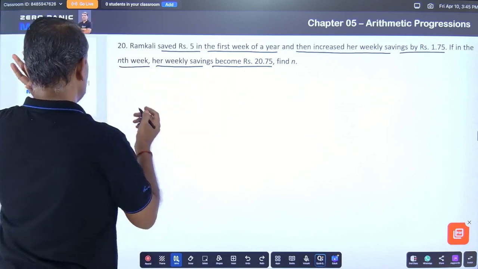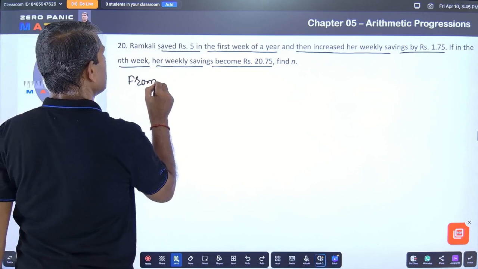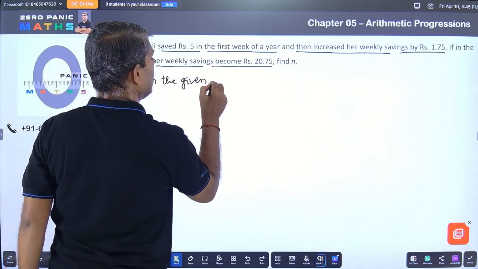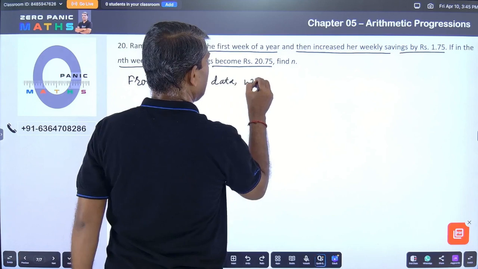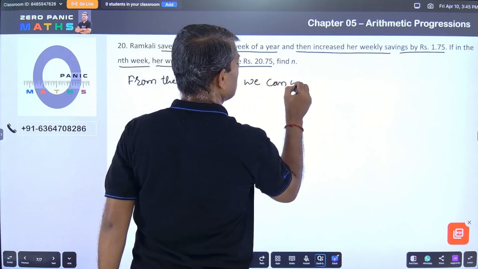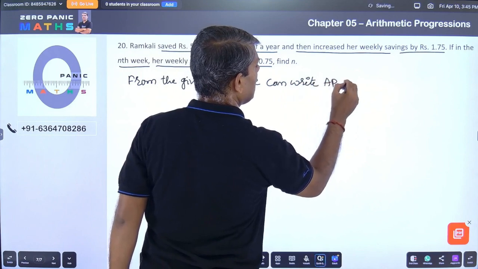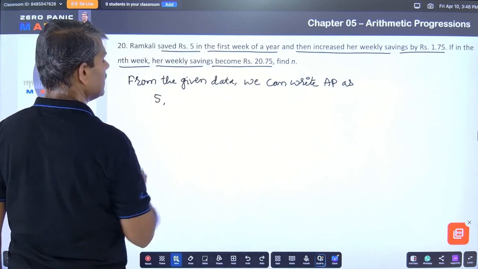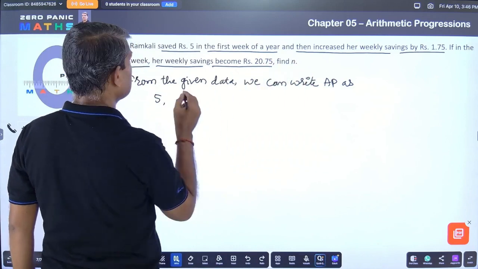Okay, simple. From the given data we can write the AP as 5 rupees, and in the second week it is 6.75.